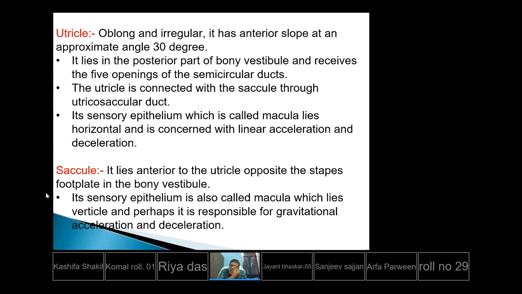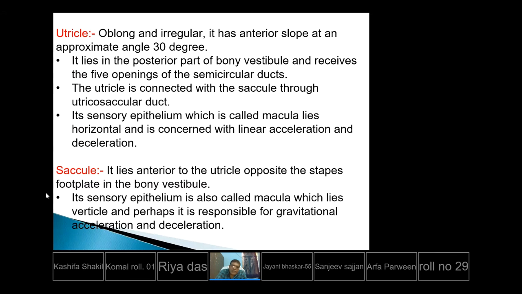Its sensory epithelium is called the macula or otolith. The sensory epithelium of the cochlea is the organ of Corti. Similarly, the sensory epithelium of both the utricle and saccule is called the macula or otolith.